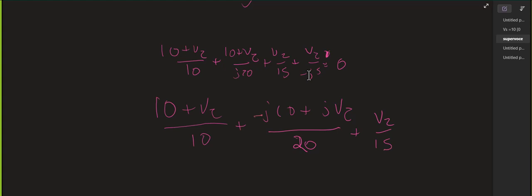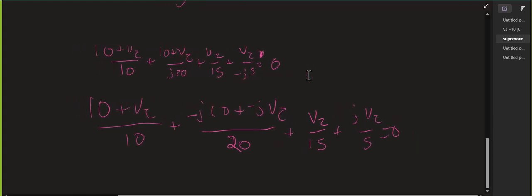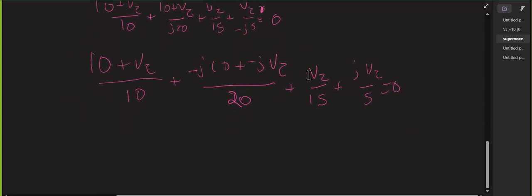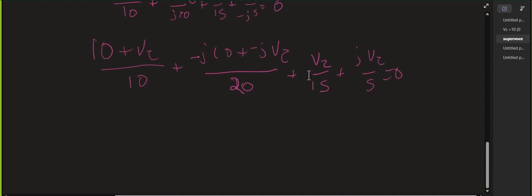So negative j10, negative jV2, and then I'll change the sign of this one so it becomes positive, plus jV2 over 5 equals 0. Any of the terms that had j in the denominator, I brought the j to the numerator, but made it negative.